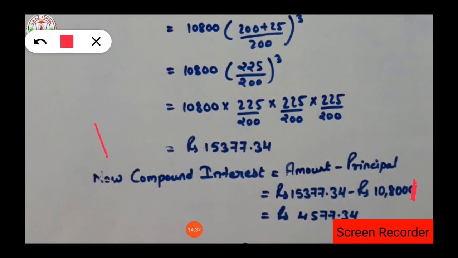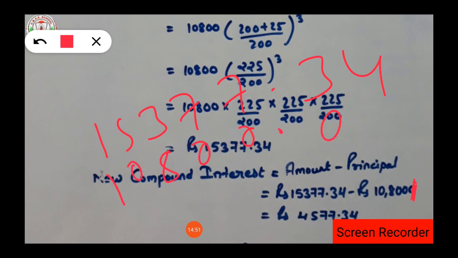Now 15,377.34 will be subtracted with 10,800. Okay, so 10,800 will be subtracted, and in place of decimal it does not have any decimal, so we will keep it as 0. Now 4 will come here, 3 will, when subtracted, 3 will come here, decimal 7, 7.